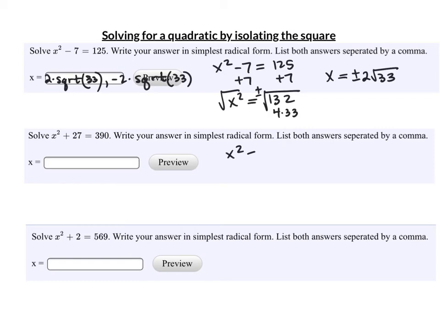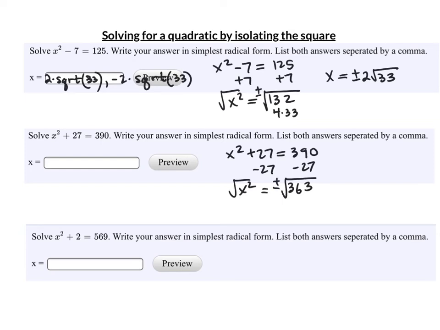X squared plus 27 is 390. We'll take a 27 off each side. 390 minus 27 is 363. Square root of both sides and our plus or minus.